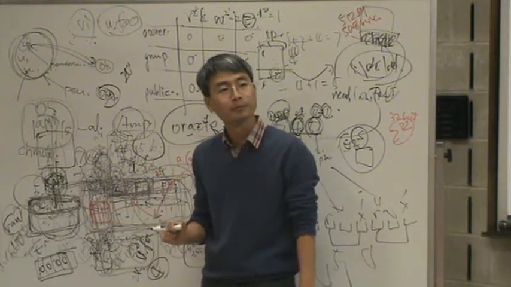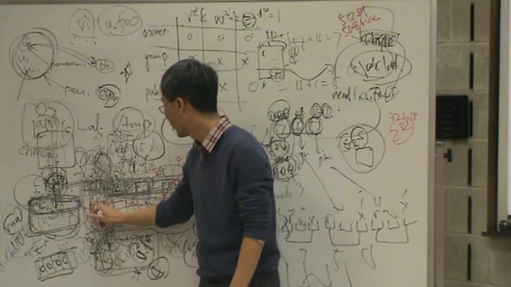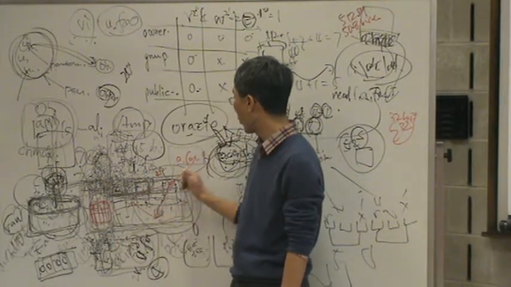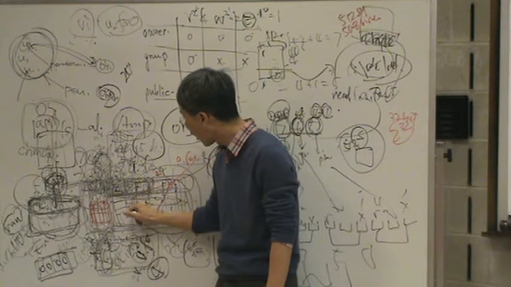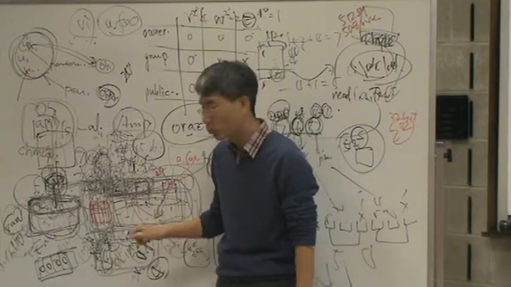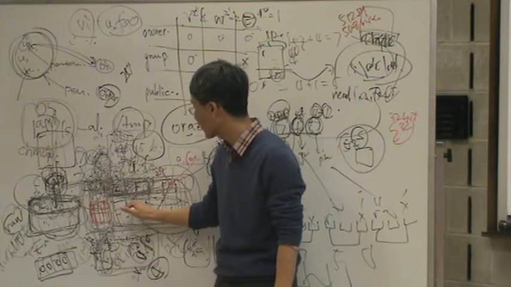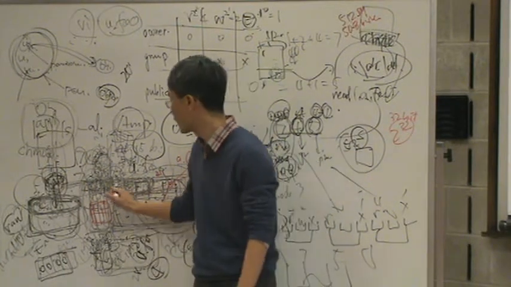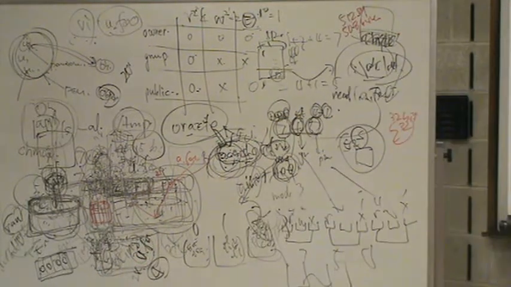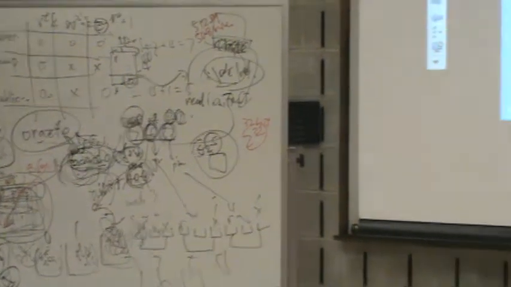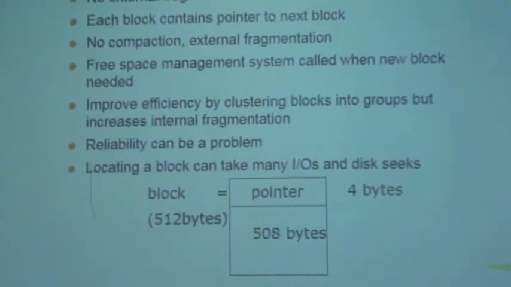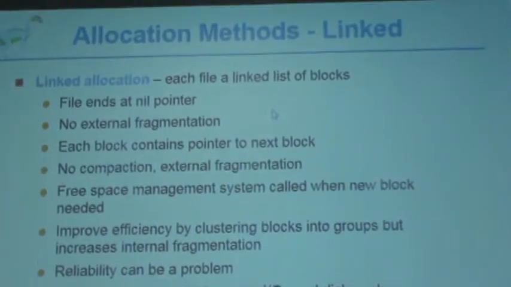Then look up which one is the next, like 14. 14 is available, then write the data. At the same time, at the end of the first block 9, you need to specify that the next one is 14. Something like that. You need to manage such a free block list. So it's like doing a linear search for the free block. Yes, it's kind of linear. It's just linked. Okay, linked list. You learned about the linked list, the data structure, in your algorithms class. It's linked to the next, and go back to the beginning.